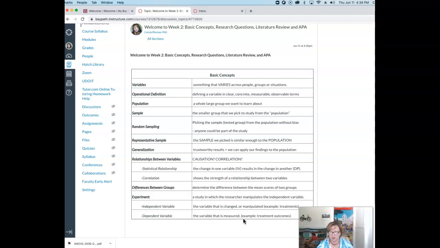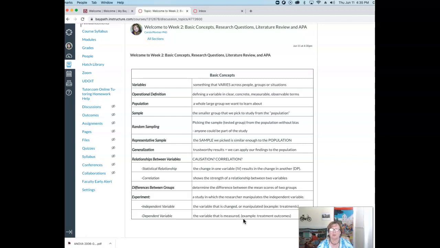And the way I do that to make sure that I have a representative sample, meaning a sample that's similar to the large population, is I pick the people that I can actually study, so a much smaller group, from the population without bias.